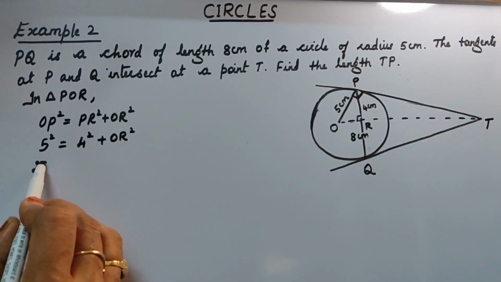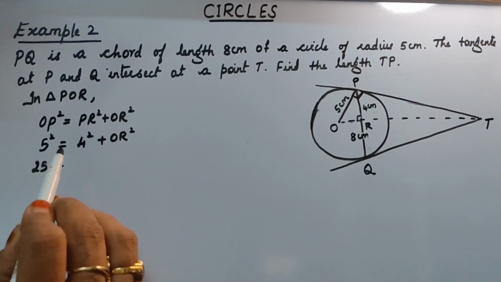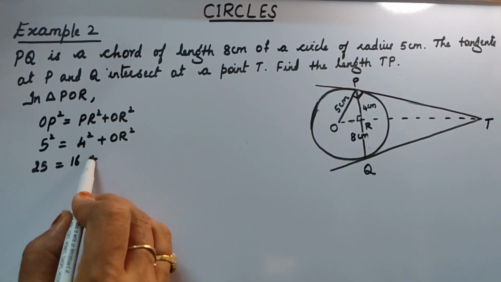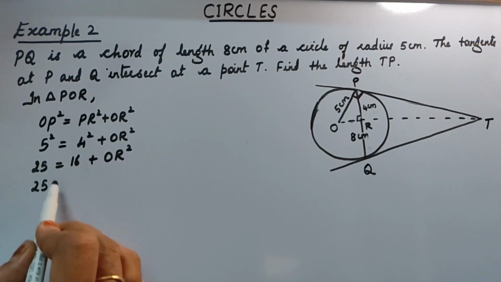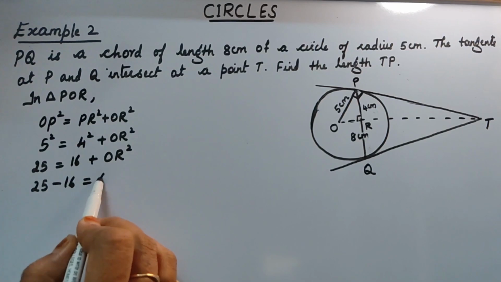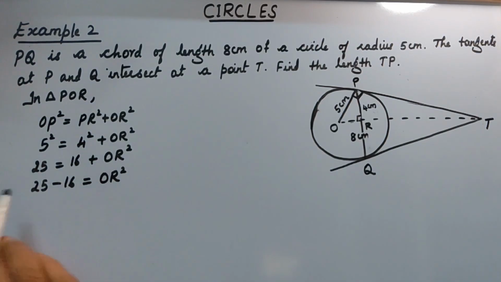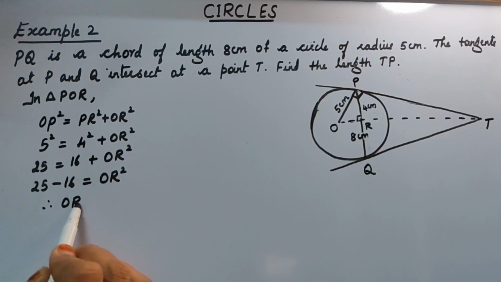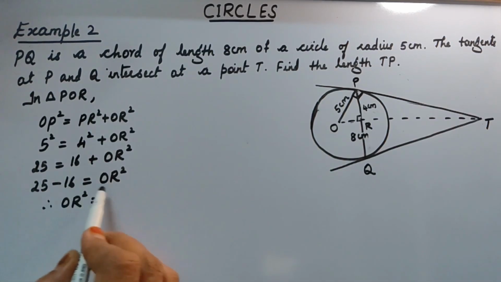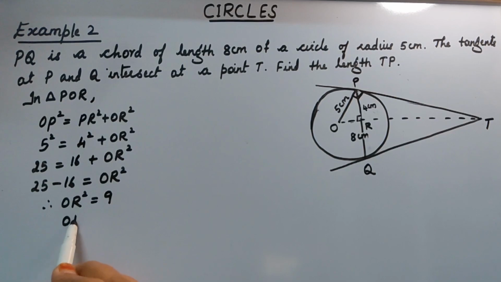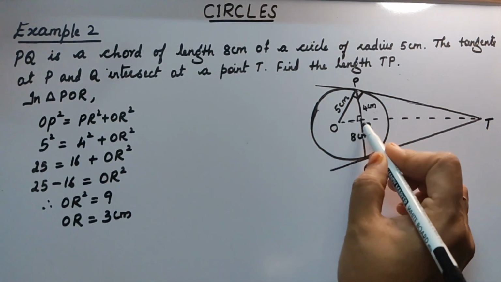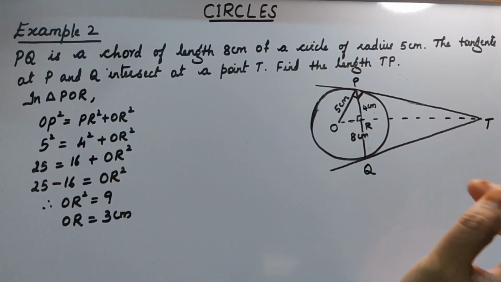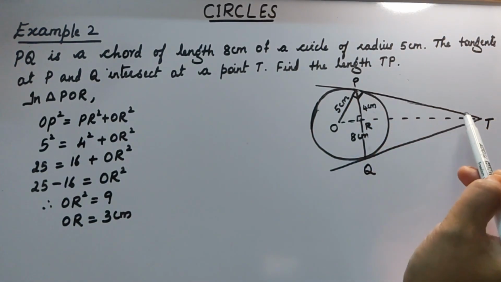Now 5 square is 25 is equal to 4 squared is 16 plus OR square. Bring 25 to this side, minus 16 is equal to OR square. Therefore OR square is equal to 25 minus 16 is 9. So OR is equal to root of 9, which is 3. So this is 3 centimeters. So OR is 3 centimeters students.